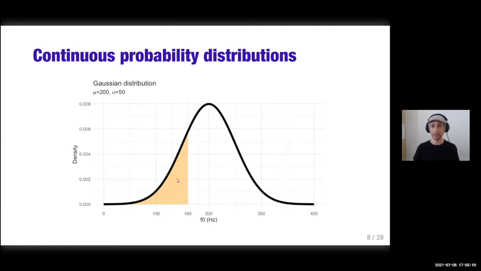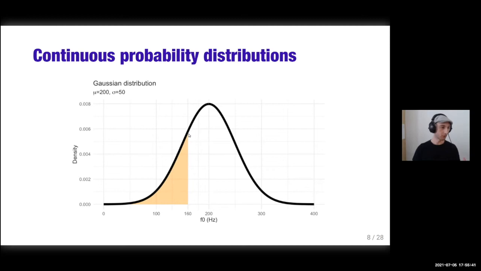If you calculate the area, that is going to give you the probability of getting any value within that range. So in this example, what you see here is the area under the curve colored in orange, the shaded area, that covers any value that is below 160. When you calculate the area geometrically, you get basically 0.2 more or less.